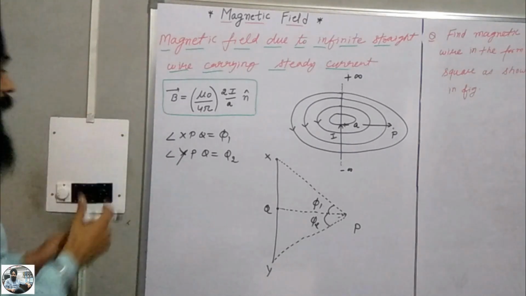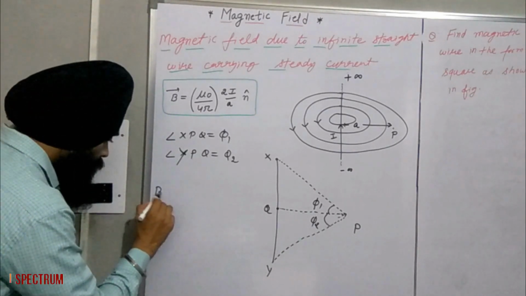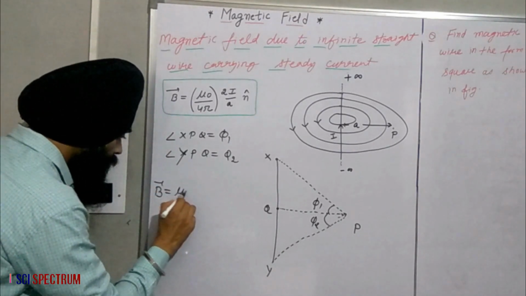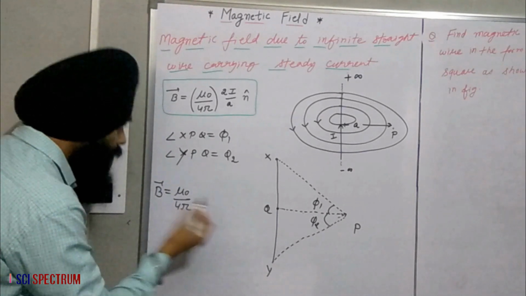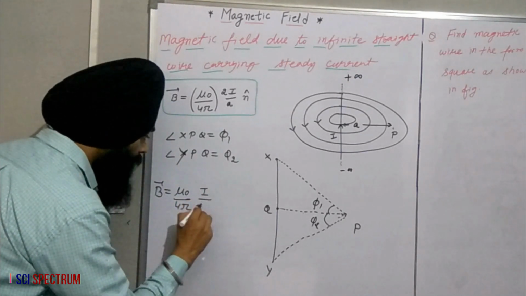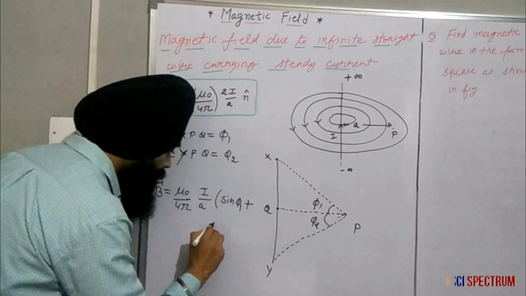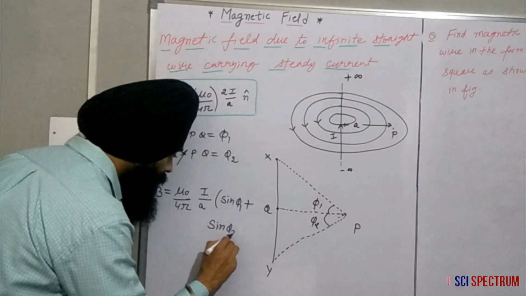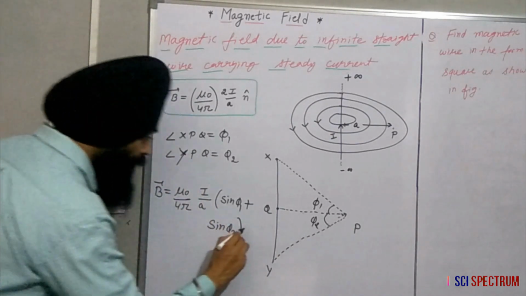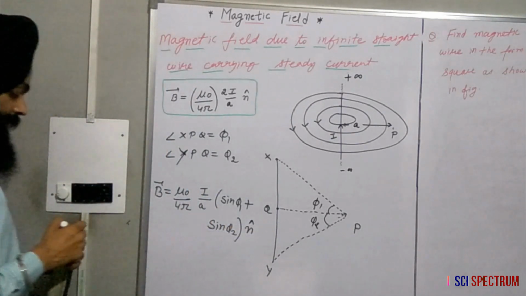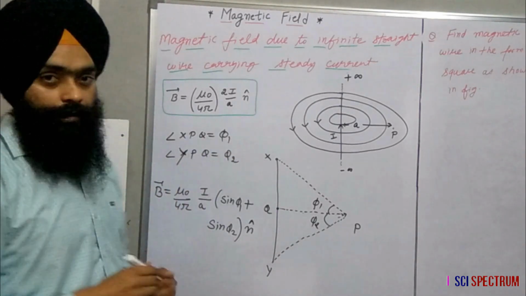Then this expression is modified to B equal to mu naught upon 4 pi, I upon a, into sine of phi 1 plus sine of phi 2, into n. The direction is similar to what we have explained earlier.